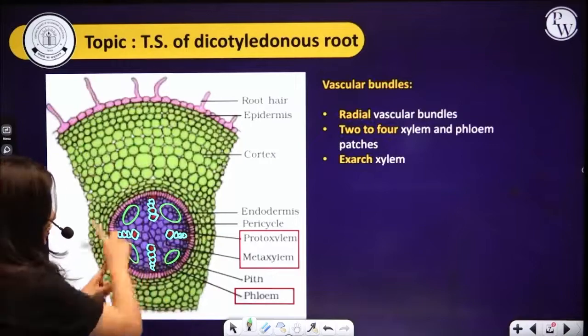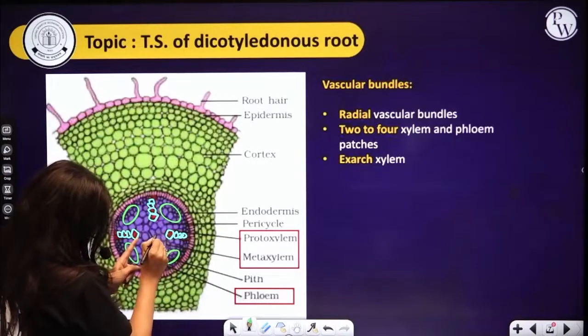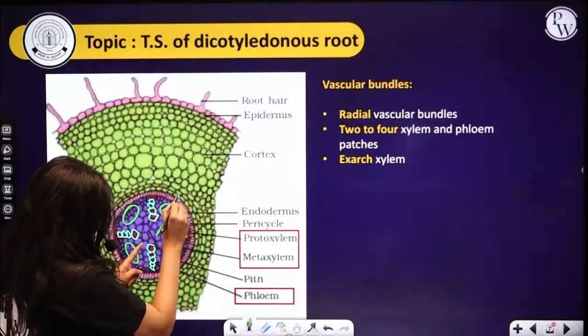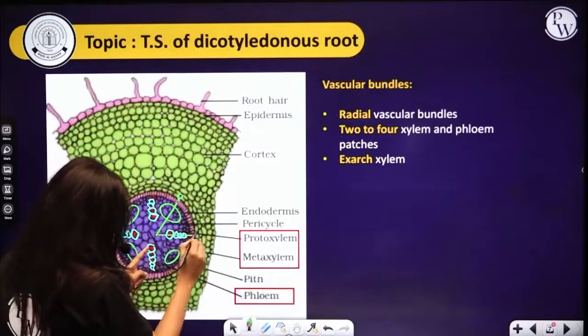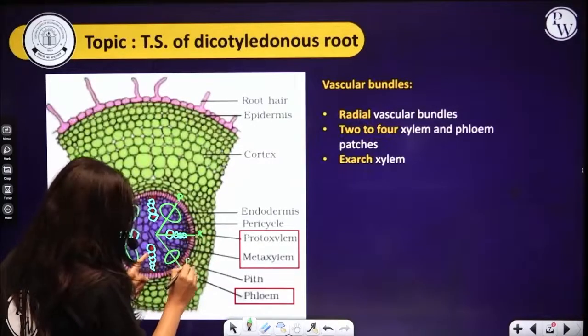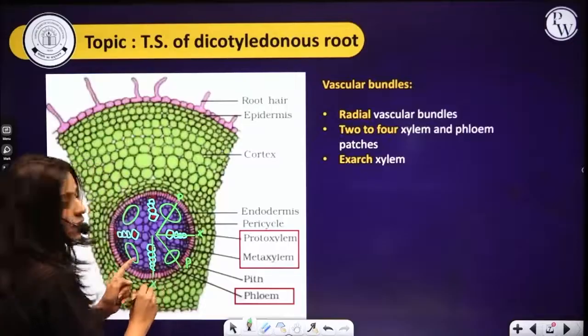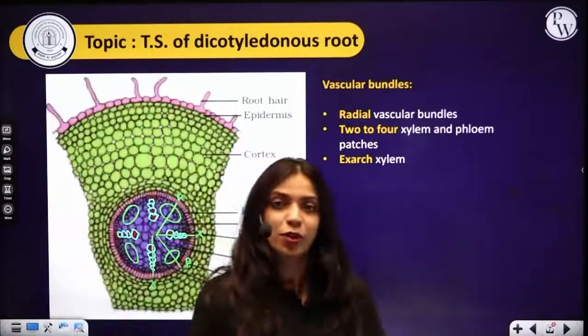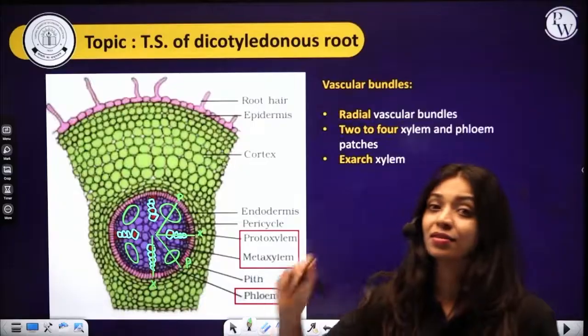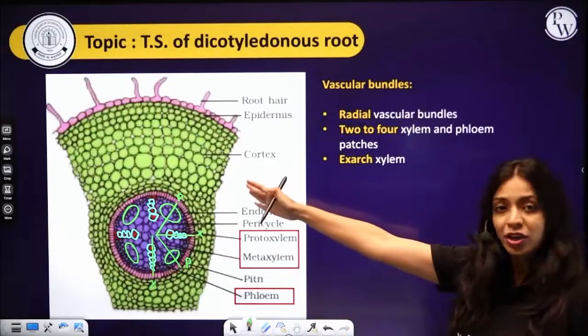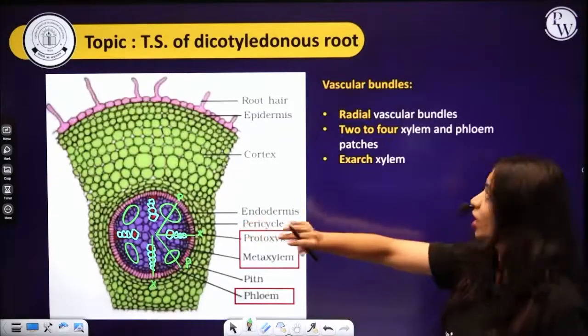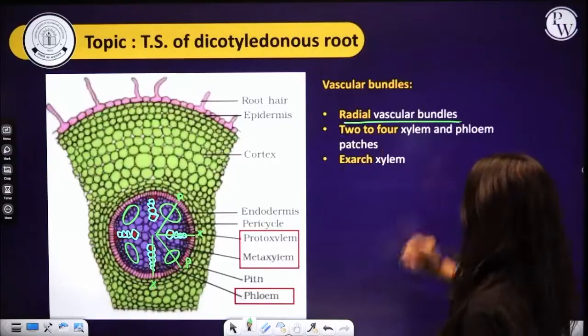So if you can think of this as a circle, in one radius you have phloem, in the alternate radius you have xylem, again you have phloem, again you have xylem. So this type of arrangement of xylem and phloem is called radial arrangement. So in roots, both dicot as well as monocot, we can see radial arrangement of vascular bundles.